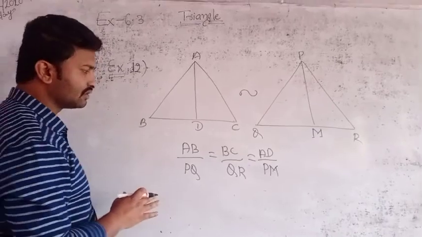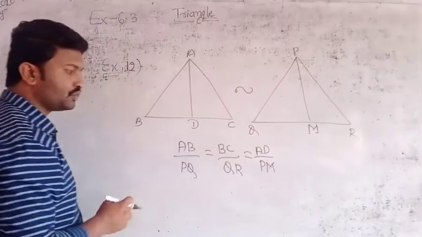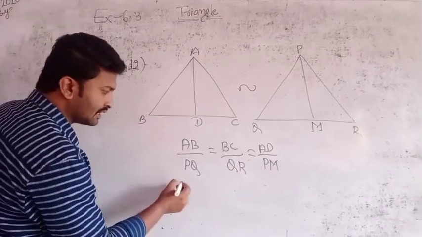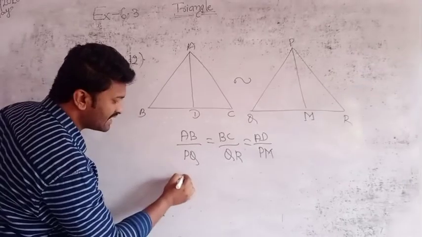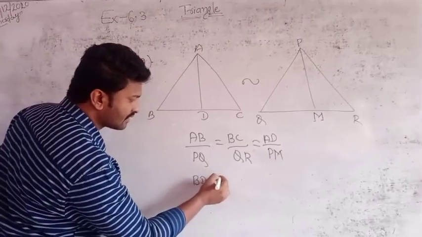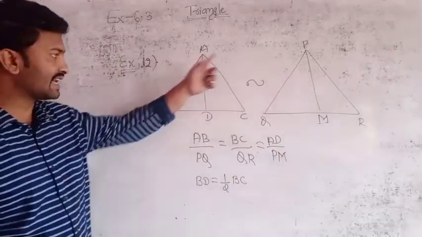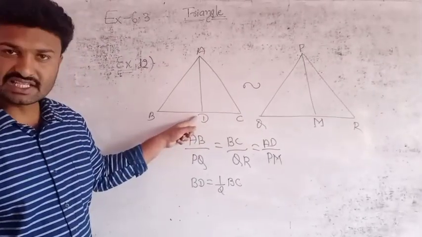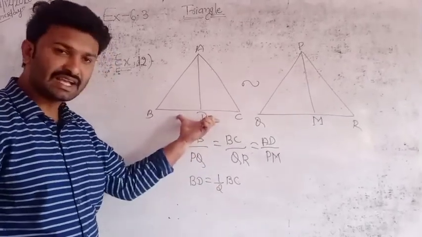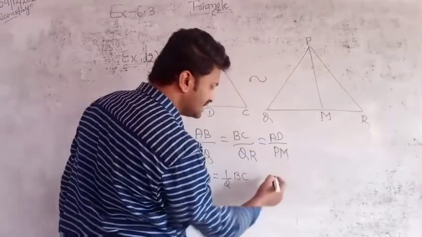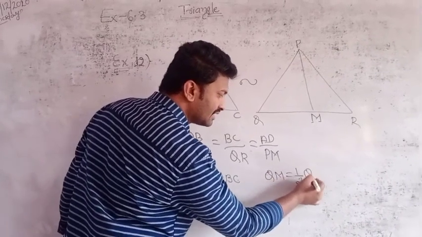I will take it with the help of D and M. We can write BD equals to half of BC. In this triangle, if D is a midpoint, then BD is half of BC, and in this triangle, QM is half of QR.